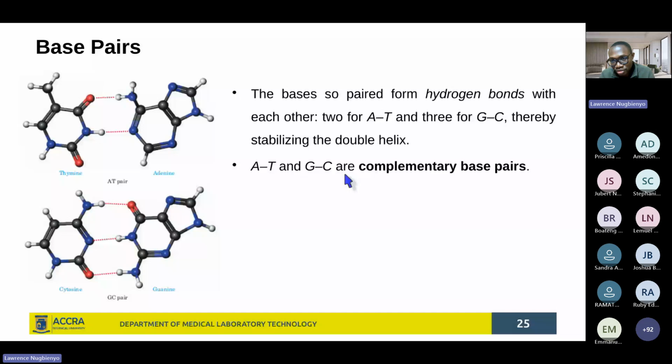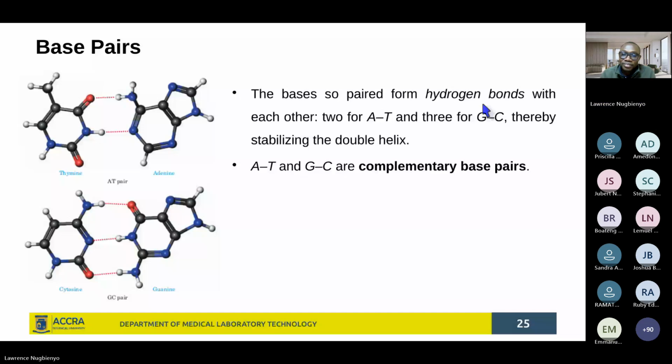So hydrogen bonds will hold the two strands together. In a DNA molecule, you have phosphodiester bonds holding the nucleotides in a single strand, and you also have hydrogen bonds holding the strands together. So these are two different bonds.